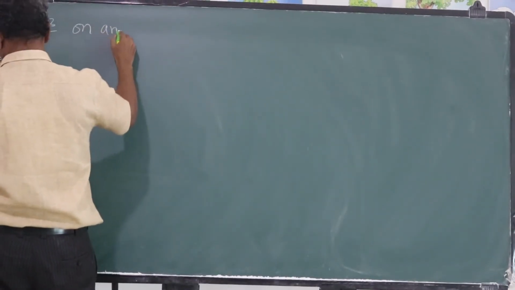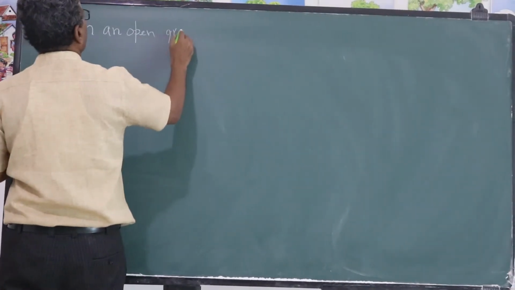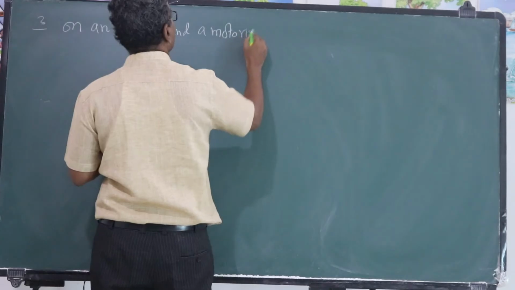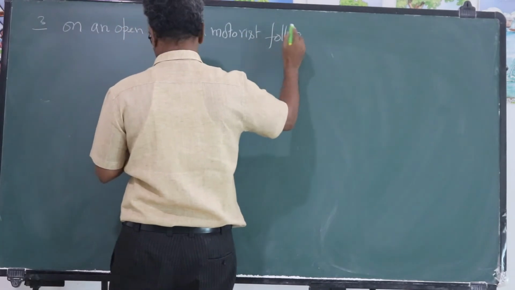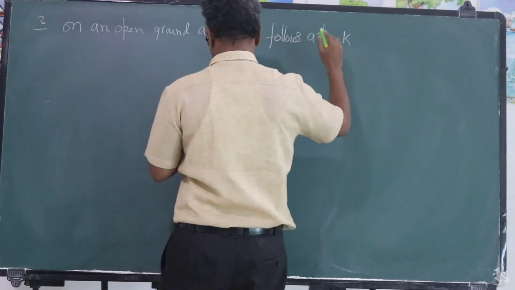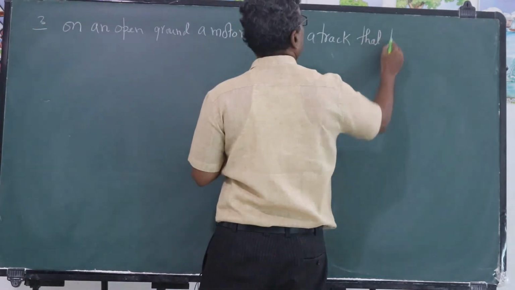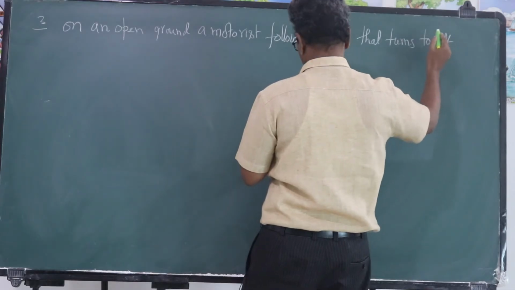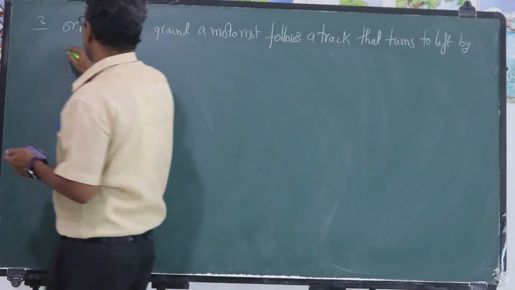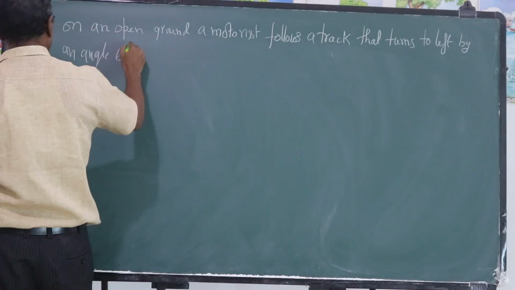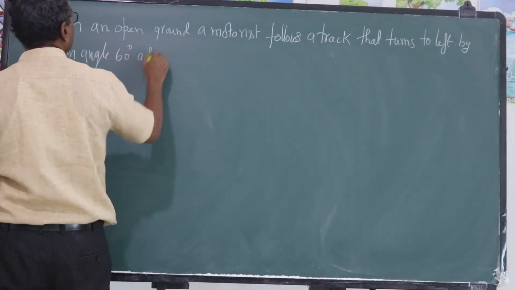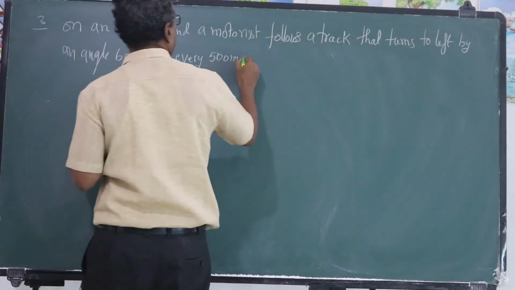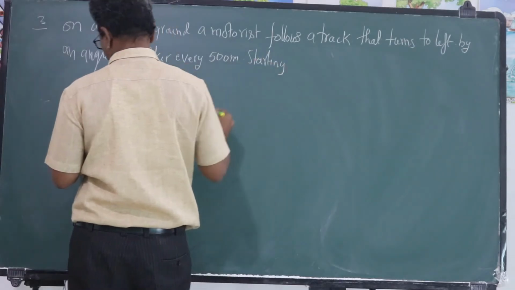On an open ground, a motorist follows a track that turns to the left by an angle of 60 degrees after every 500 meters, starting from a given turn.